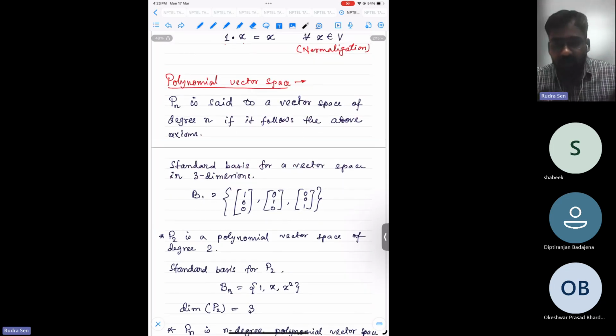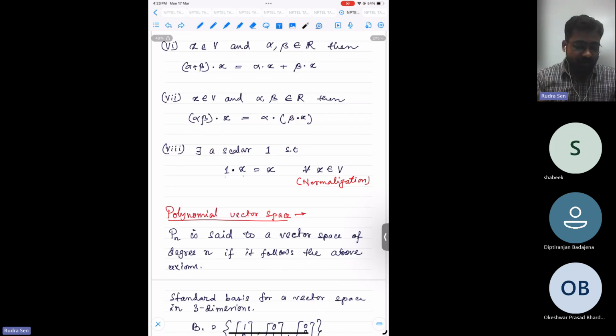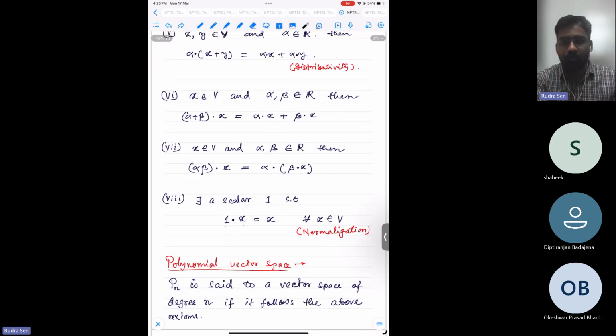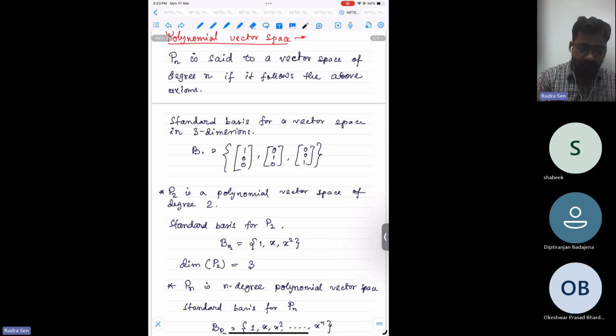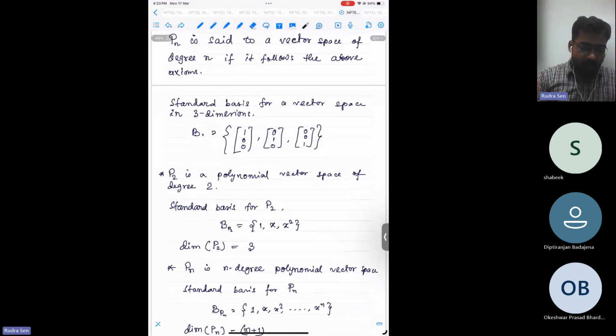The polynomial space is a vector space because it satisfies all those 8 axioms. As we have already studied, the basis of a vector space is not unique. Every space has a standard basis, but we can choose any set of vectors as a basis.